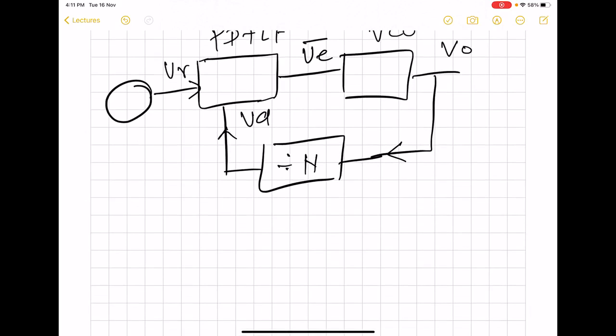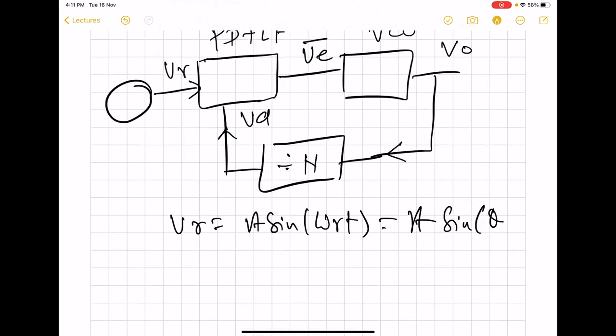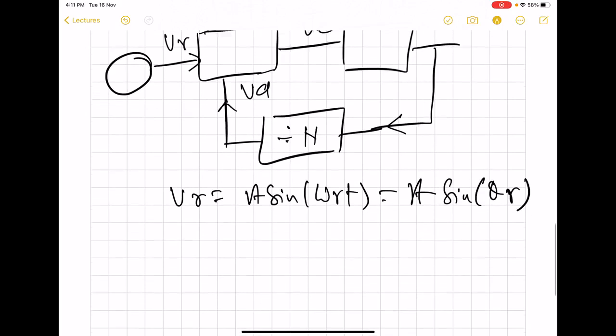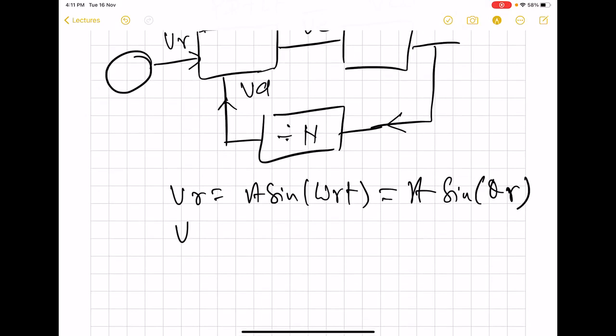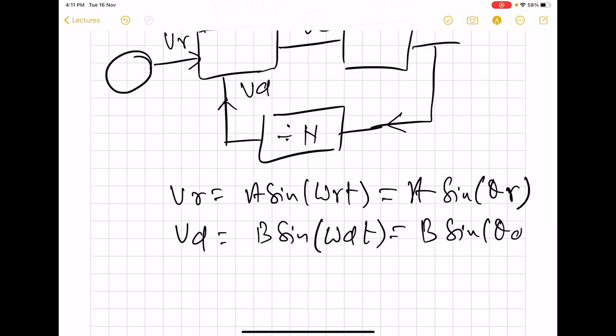So here we are going to have these signals. VR is going to be A sine omega r t, which we will represent as A sine theta r. So this theta r is phase. Similarly, VD is going to be, say, B sine omega d t, equal to B sine theta d.